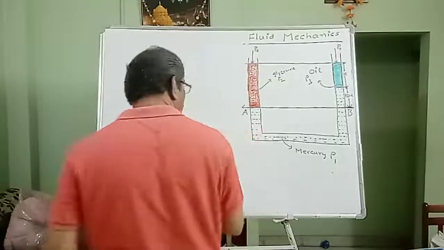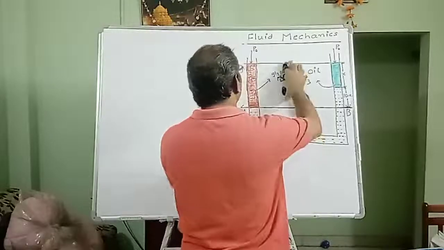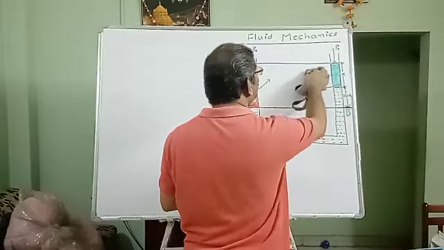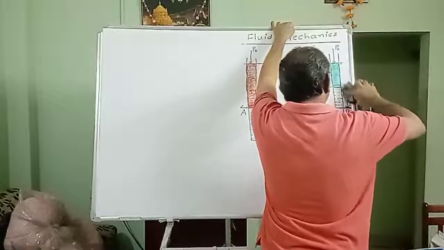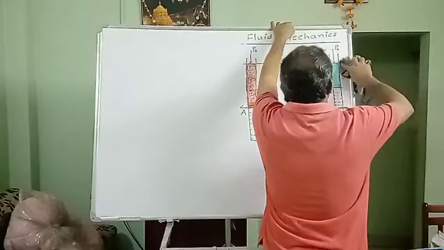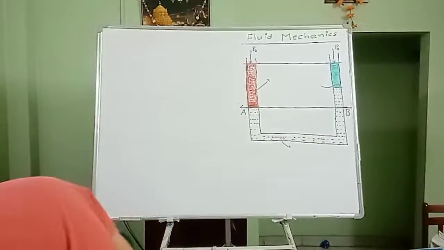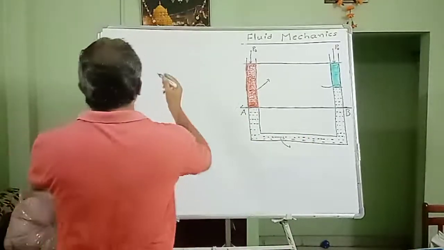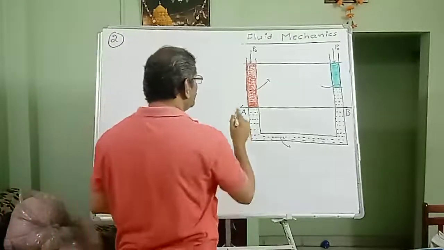I will make the problem here itself, because it is also based on the vertical U-tube. So I can make one more problem. The next problem we got, the second numerical we got.